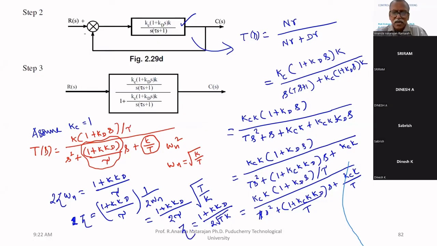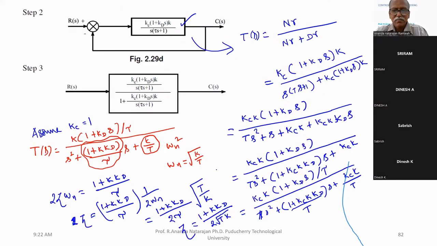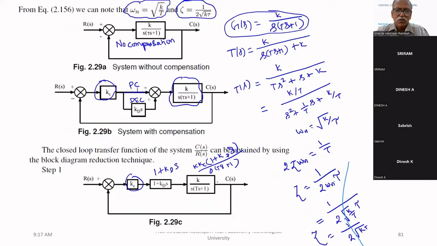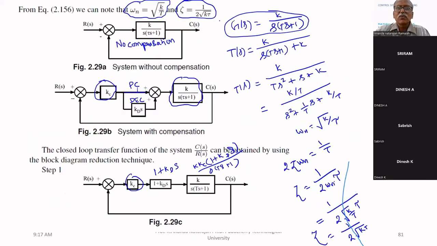What is the original zeta, without compensation? Original zeta is 1 by 2 root Kt.